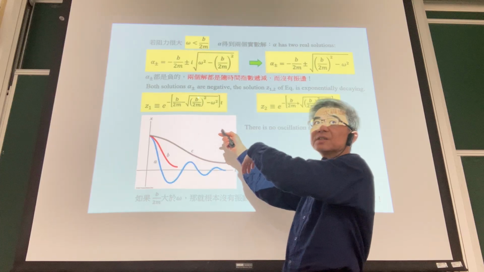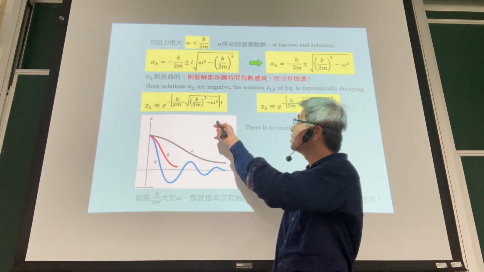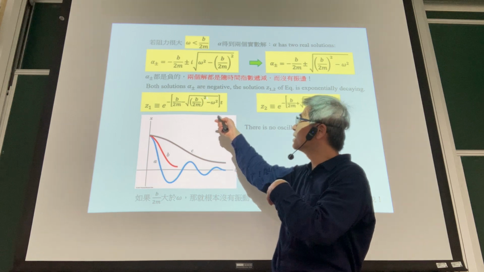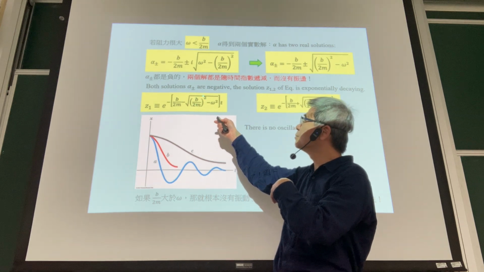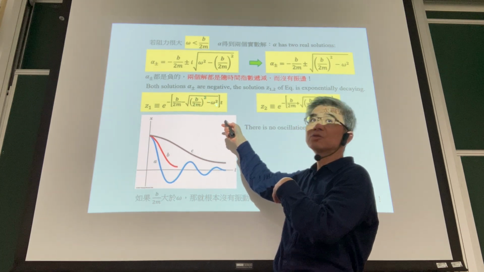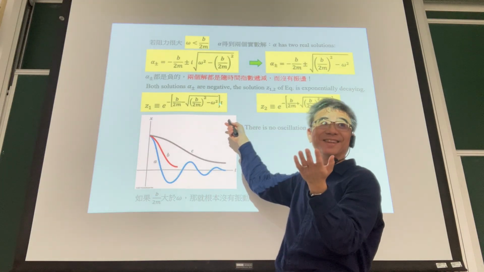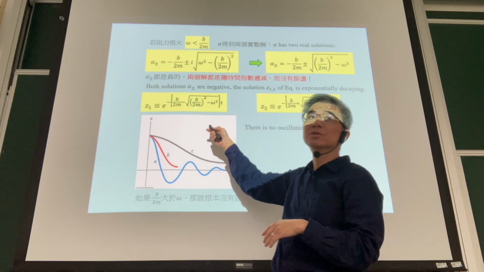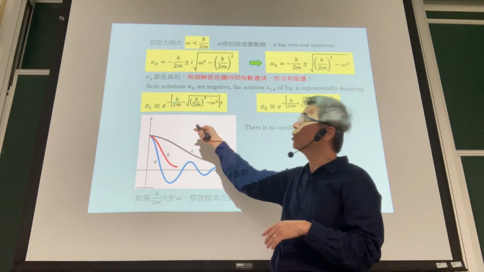This minus this, you have to make sure this is larger than this. Of course, it is, because the second term is b over 2m squared minus omega squared. Omega is a positive thing, right? So this square root is smaller than b over 2m.